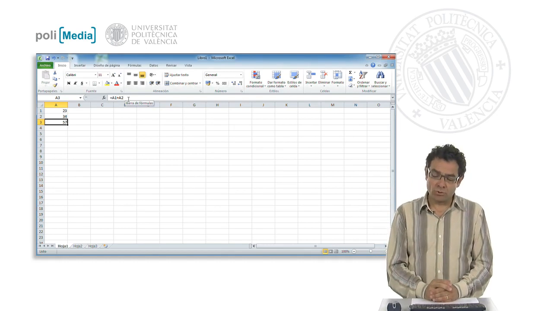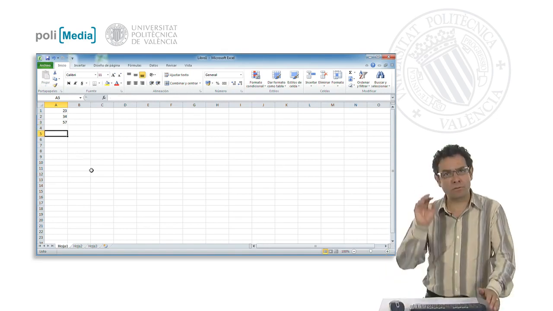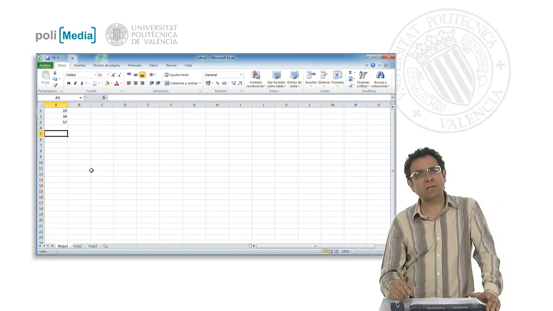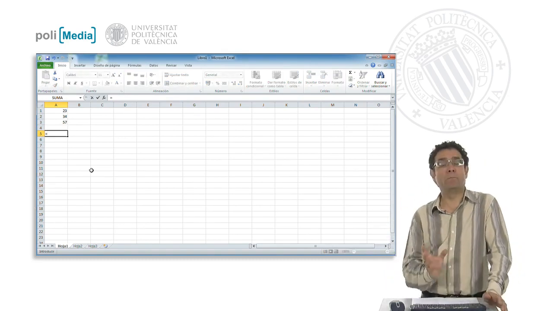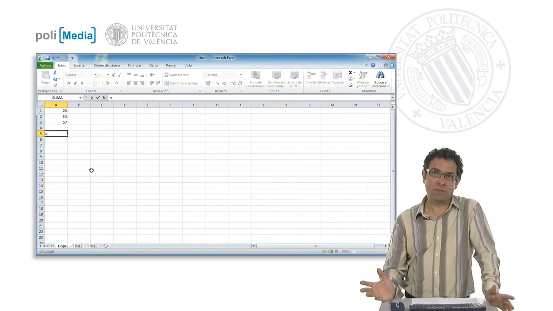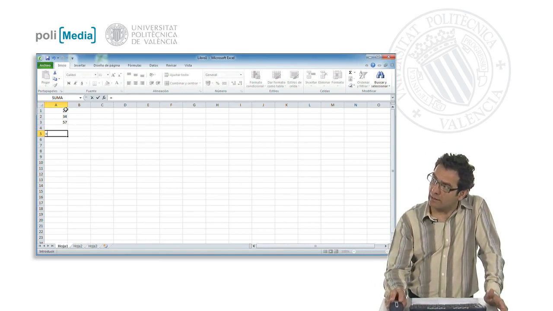I could also have done it more graphically. For example, if I here want in cell A5 to introduce the product of these two amounts, I would need the expression A1 asterisk A2. And I could also do it by clicking the amounts with the cursor.